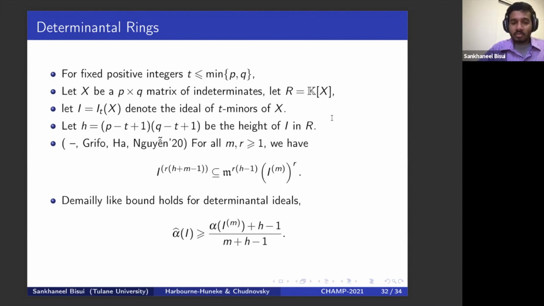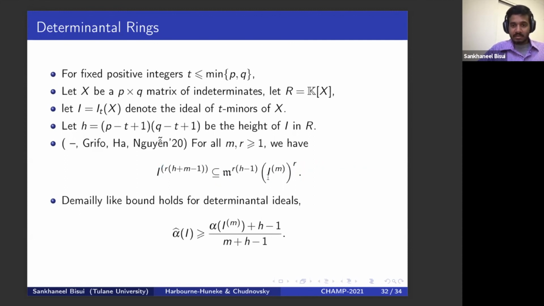Now, we proved in joint work with Eloísa, Thái, and Thai that those ideals satisfy the Harbourne-Huneke containment, meaning the symbolic power I^(rh+m-1) sits inside M^(r(h-1)) times I^(m) symbolic, times the r-th ordinary power.